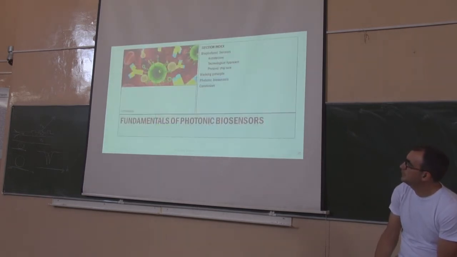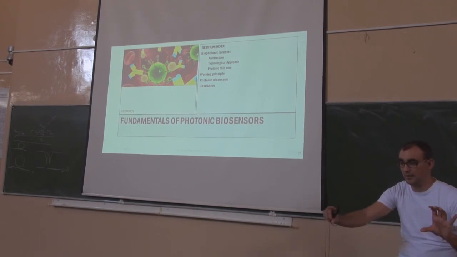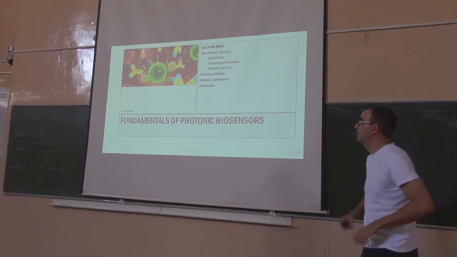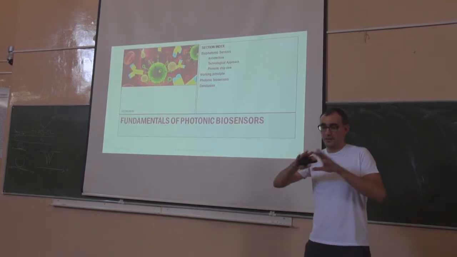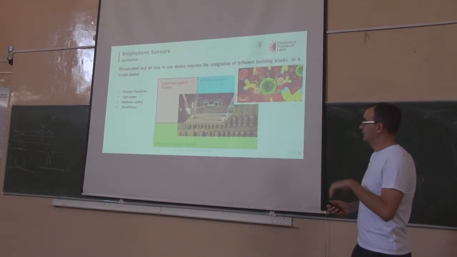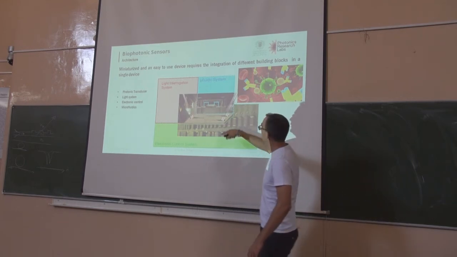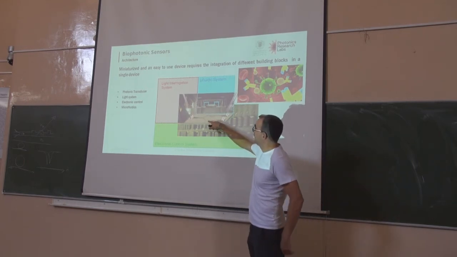Okay, so let me talk now about a little bit. I described the fundamental photonics physics below, and now let me talk a little bit outside the photonics and tell you what else you need. This is, for instance, your photonic chip where you will put your light in and out, and you will functionalize some part of it.